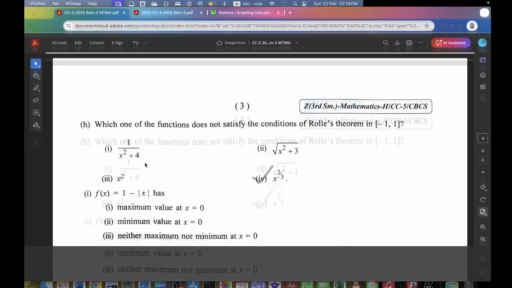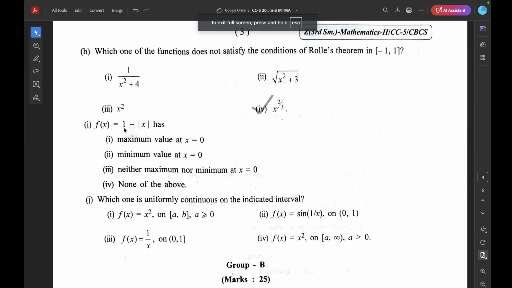Next question, f(x) equals 1 minus mod x has a maximum value at x equal to 0.